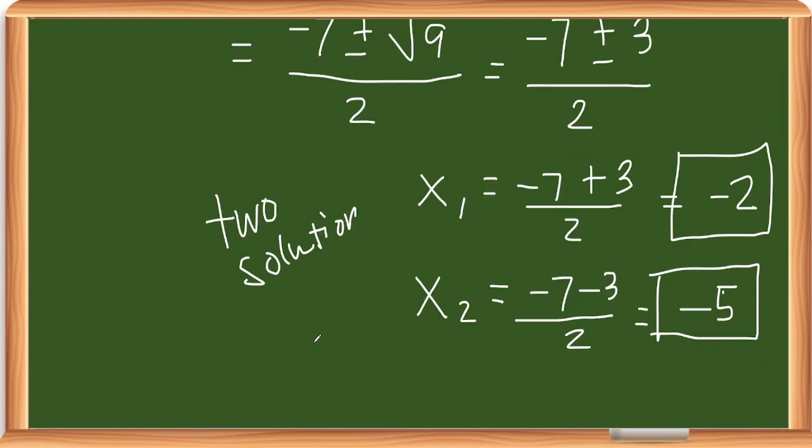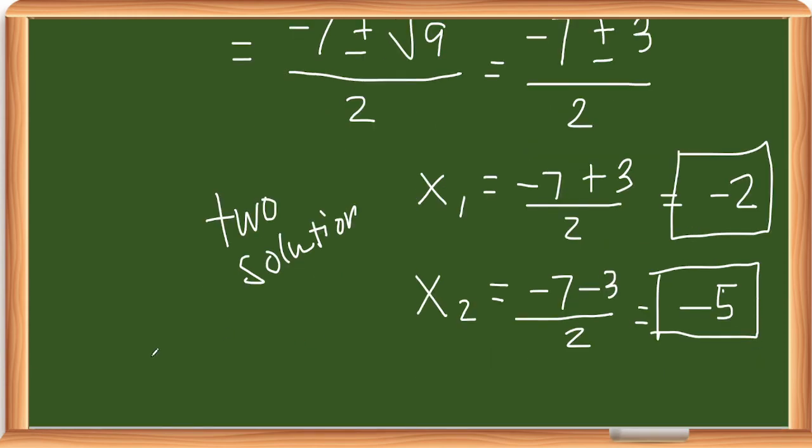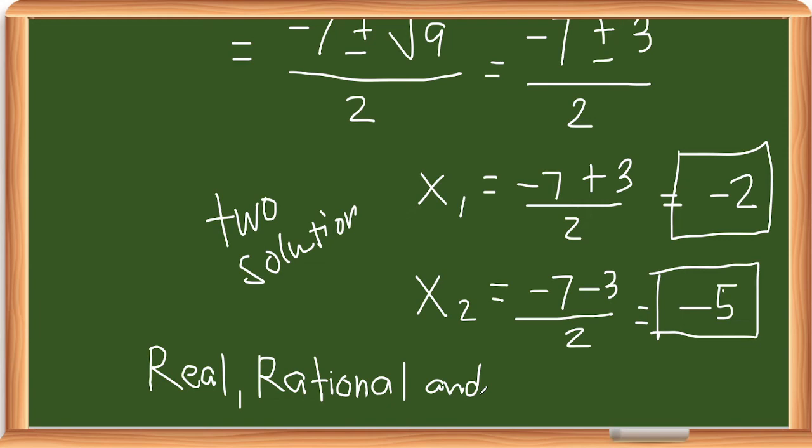So the nature of the roots here is real, dahil real number siya, and then rational, dahil walang involved na square root, walang involved na radical sign, and not equal.